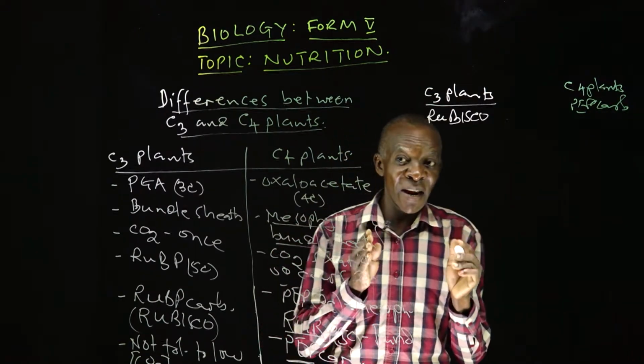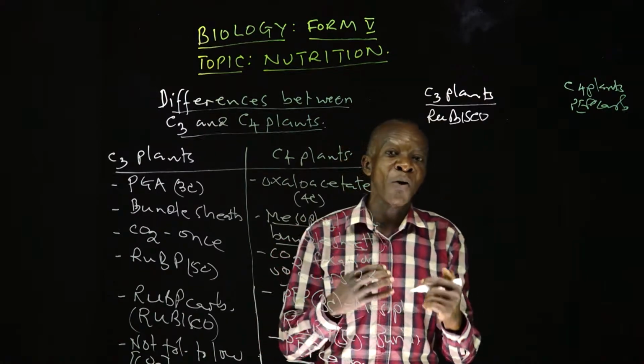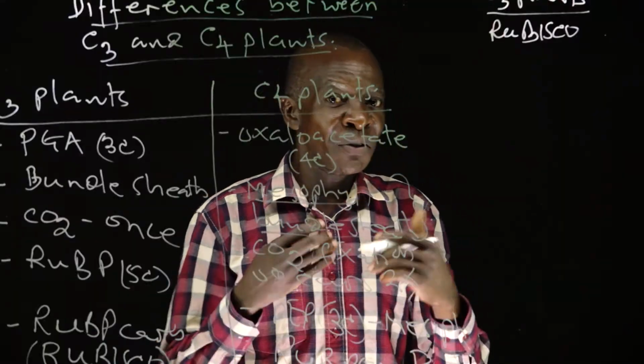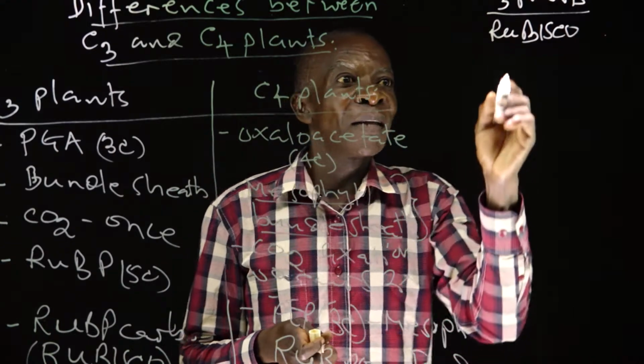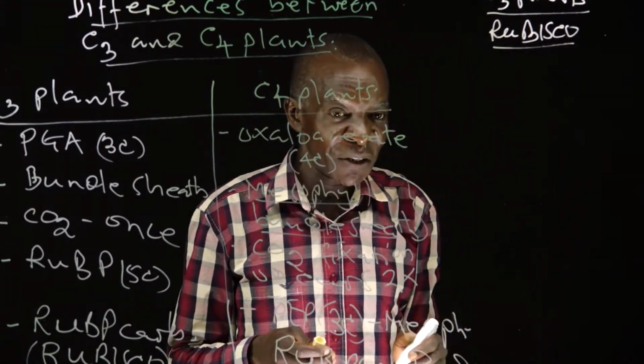And therefore, in areas where the concentration of carbon dioxide is low, but the concentration of oxygen is high, the enzyme ribulose biphosphate carboxylase shifts.